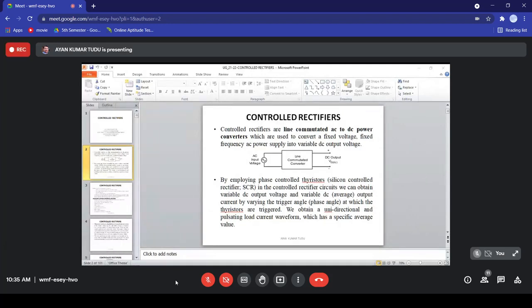As you can see, we are talking about a phase control rectifier, phase control thyristor actually. In the controlled rectifier circuits, we can obtain variable DC output voltage and variable DC output current by varying the trigger angle.